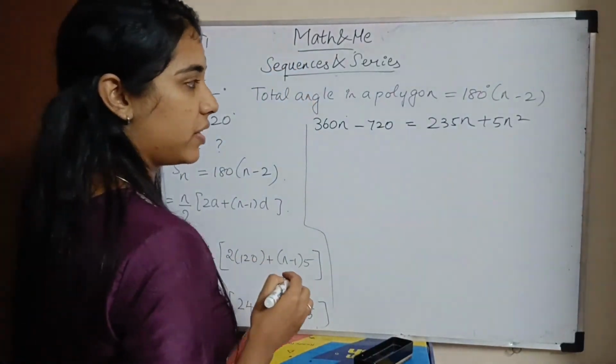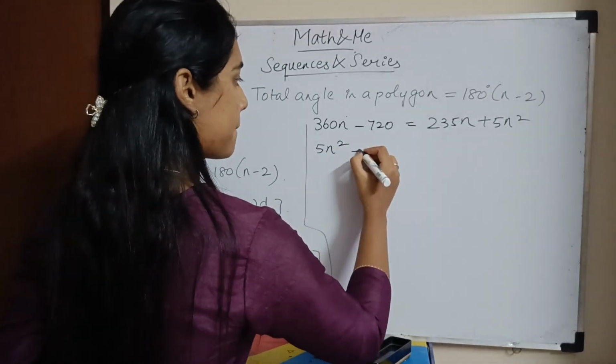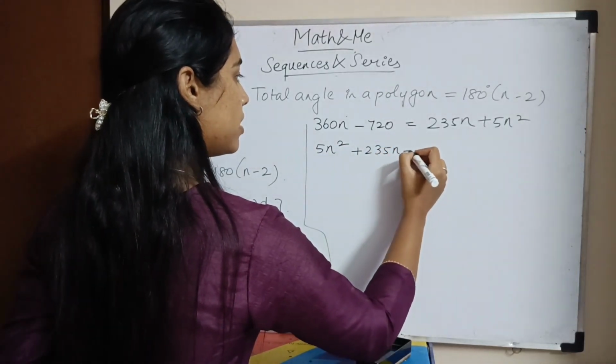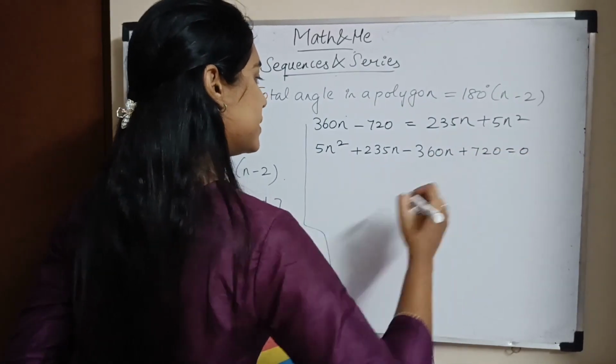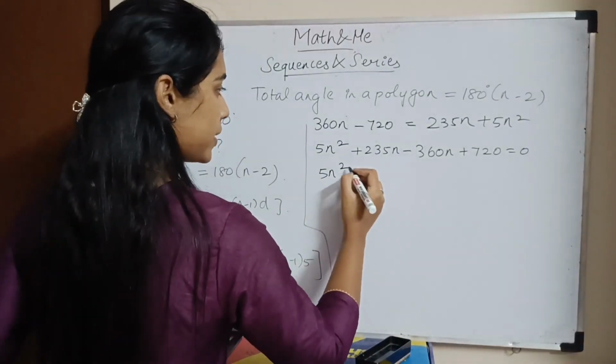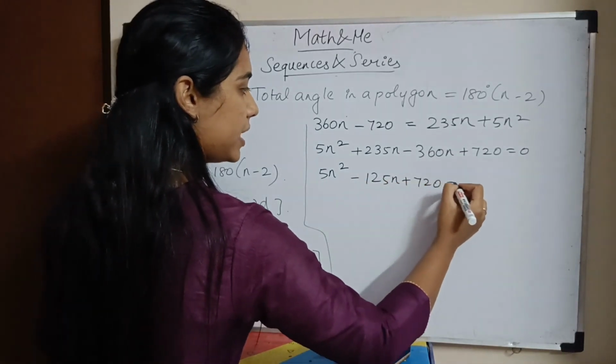Okay, let me bring everything to one side. So I have 5n square plus 235n minus 360n plus 720 equals 0. 5n square minus 125n plus 720 equals 0.